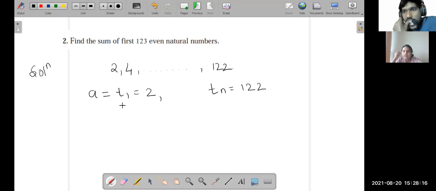So in place of Tn, I write 122, right? I don't write T122.